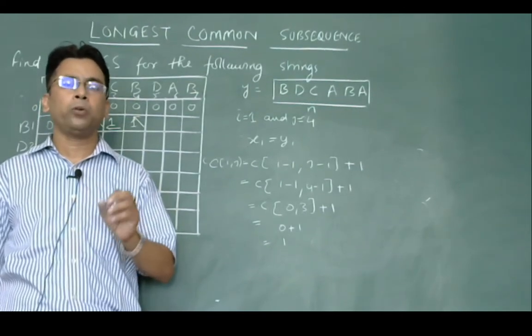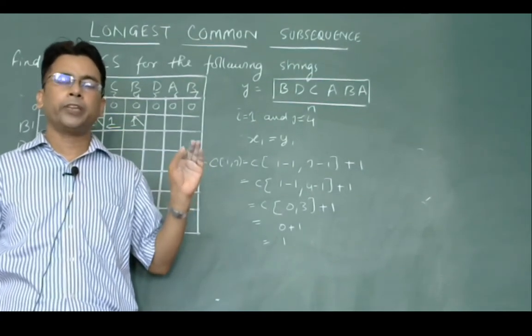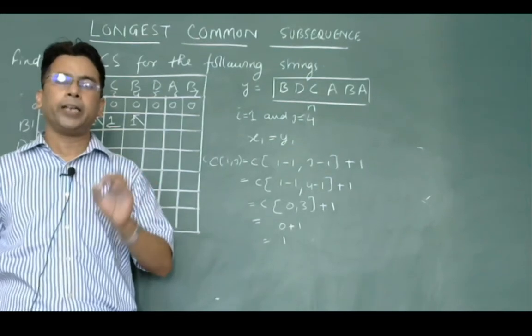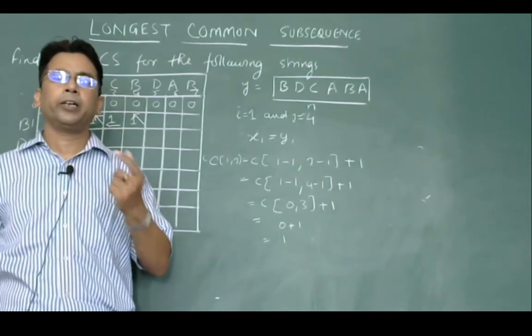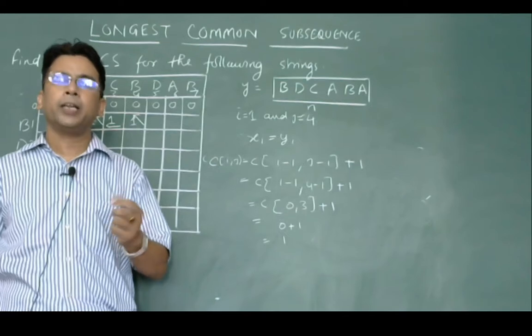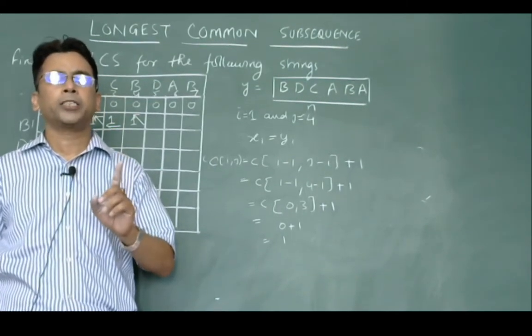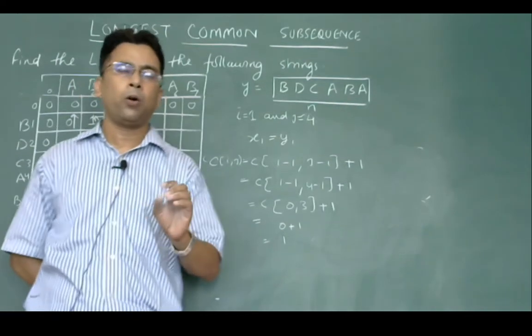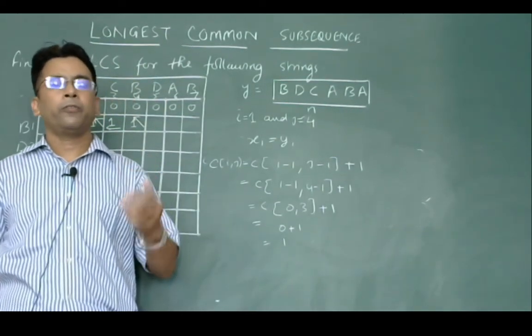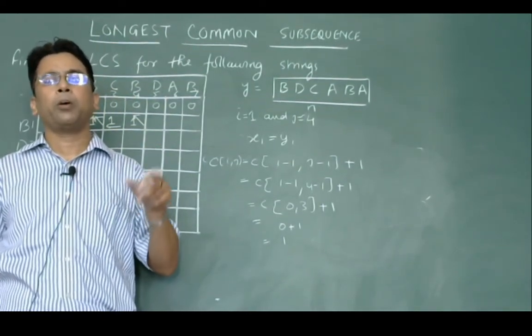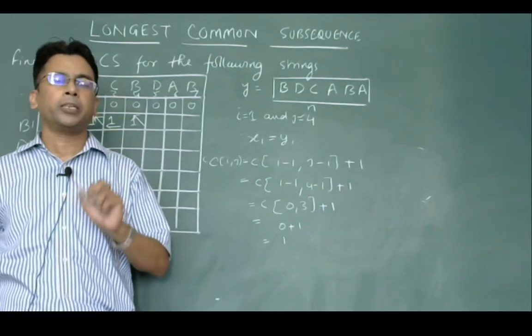And for the arrow, the rule is that if there is a matching, then place an inclined arrow at that position, and if there is no matching, then place the arrow in the upward direction when the values are equal, or when c of i minus 1 comma j is greater than c of i comma j minus 1.